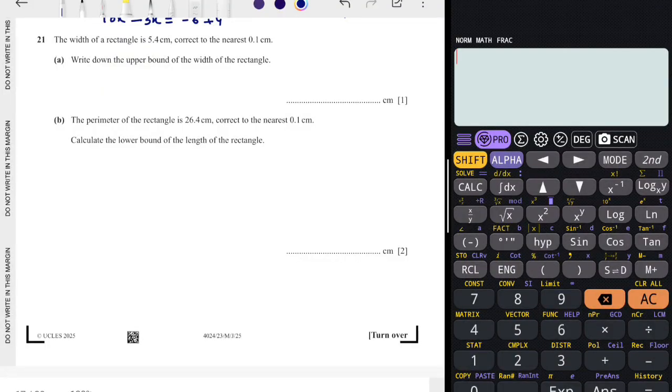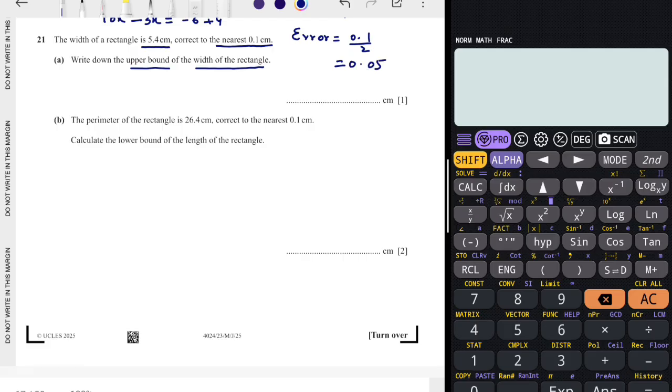Question number 21. The width of a rectangle is 5.4 centimeters, correct to the nearest 0.1 centimeter. Write down the upper bound of the width of the rectangle. So the error is given, that is 0.1 divided by 2. So it will be 0.05.